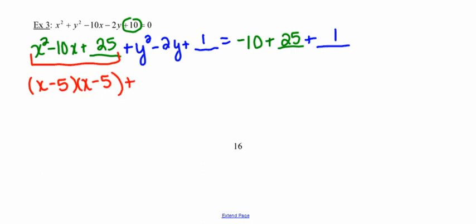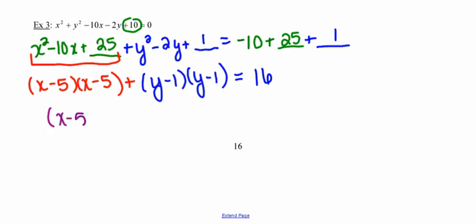The y part of this will factor into y minus 1 times y minus 1. And the right side of this cleans up to be 16.